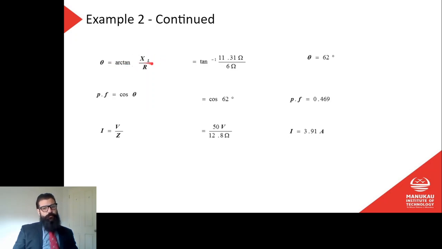So inverse tan of inductive reactance divided by resistance. Inductive reactance being the O, the opposite, and resistance being the A, the adjacent side of my triangle. So it's inverse tan O over A. 11.31 over 6, 62 degrees.